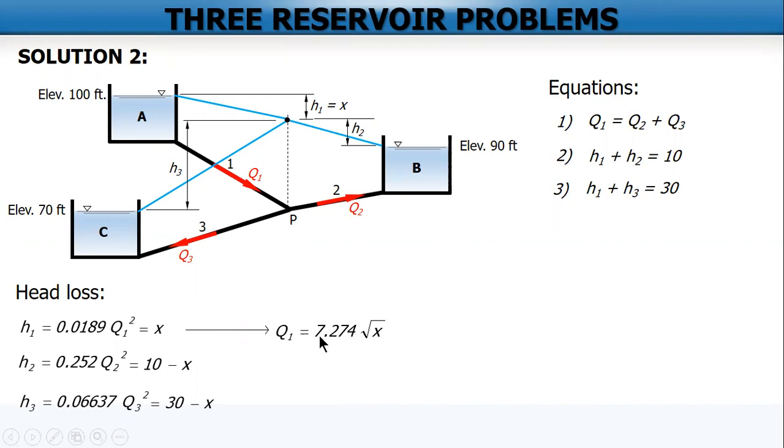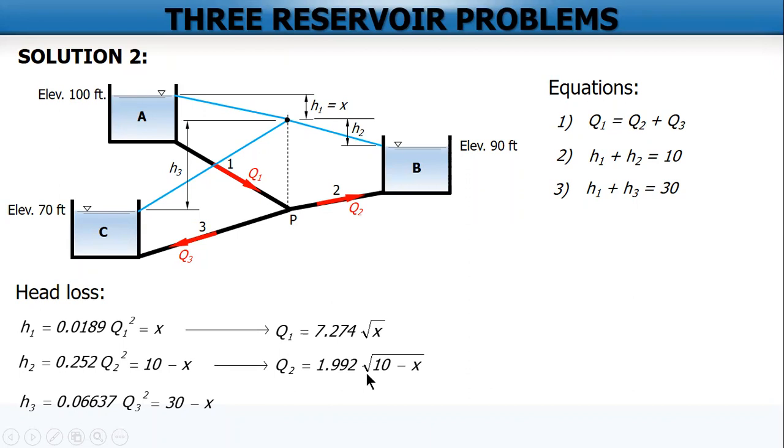So asa gikuha ning 7.274? 1 divided by 0.0189 and then square root, mo na yung result. O x naman is a square root na square root of x. And we'll do the same for 2 and 3. So 1 divided by 0.252 and then square root niya kini part ni siya sa radicand.